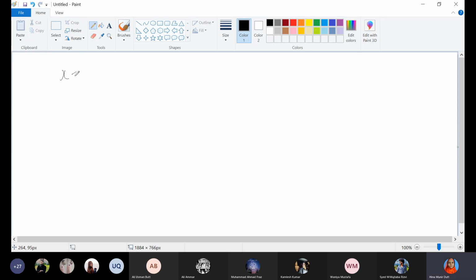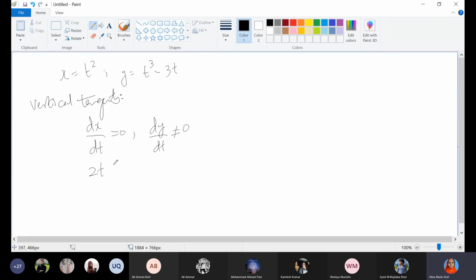So my equations are x is equal to t square and y is equal to t cube minus 3t. For vertical tangents, dx over dt should be equal to 0 and dy over dt should not be equal to 0. dx over dt is 2t equal to 0 and dy over dt is 3t square minus 3 should not be equal to 0.